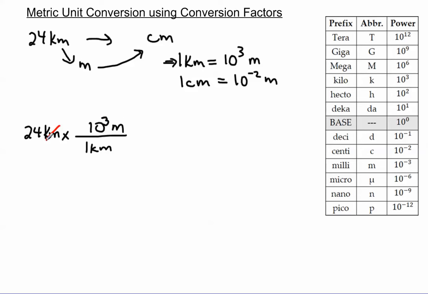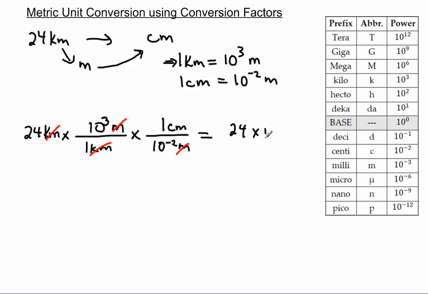You can see that our kilometers cancel, and then we're left with the unit of meters, but we want centimeters, so we use this next conversion factor. 1 centimeter is equal to 10 to the negative 2 meters. We want the meters to cancel, so we have 10 to the negative 2 meters in the denominator and 1 centimeter in the numerator. Our meters cancel.